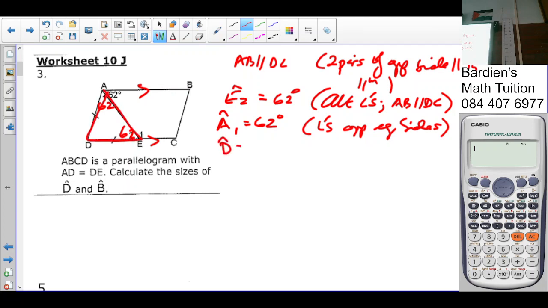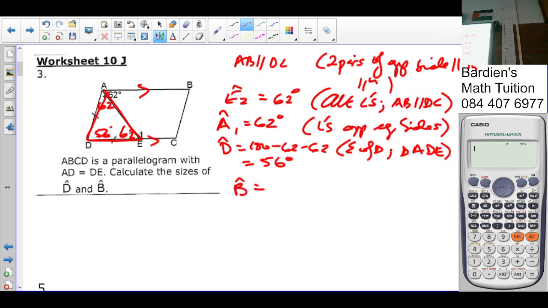So angle D is equal to 180 minus 62 minus 62. That is the sum of triangles in triangle ADE, which gives you 124, which is 56. Check if that's correct. 56. Then angle B is also 56. Why? Two pairs of opposite angles are equal in a parallelogram.